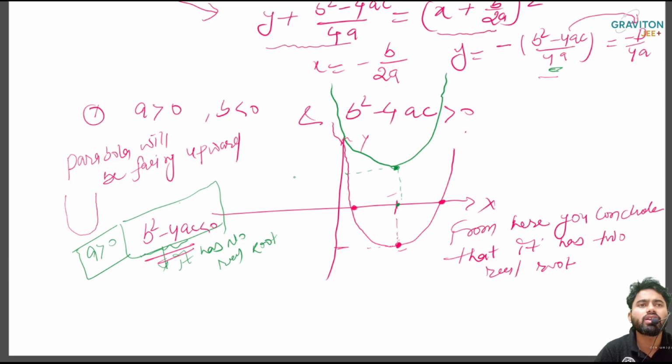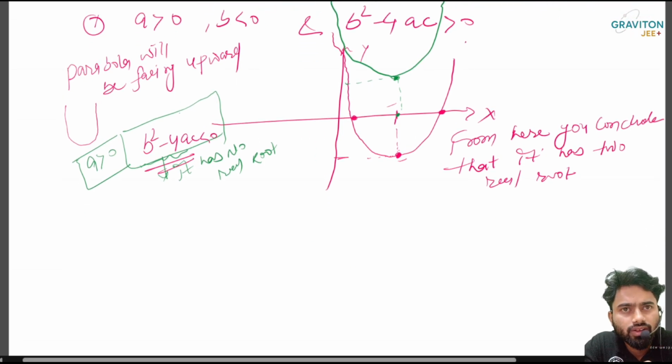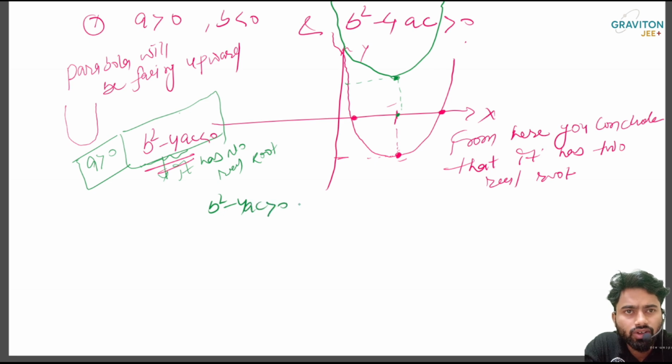Because it is not cut at the x-axis at any point. Okay. So basically I already gave you that if b square minus 4ac is positive, then it has two distinct real roots.